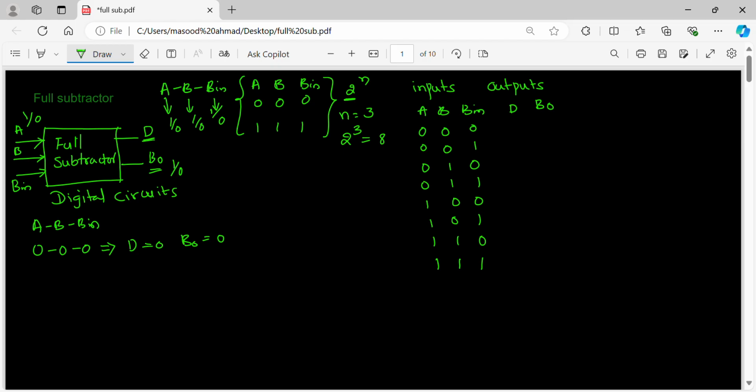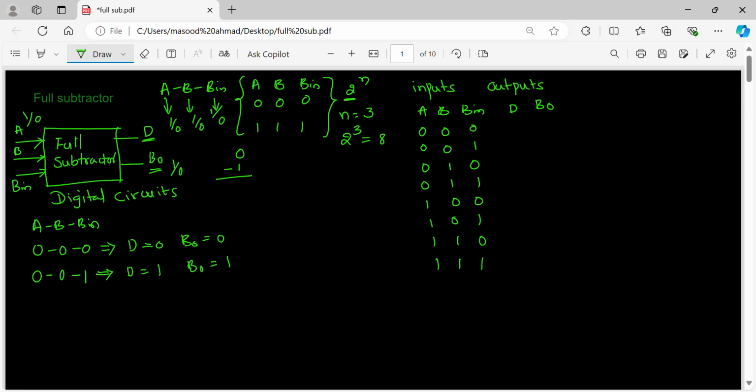Now 0 minus 0 minus 1. What is 0 minus 1? 0 minus 1 we have already seen. We get a borrow, so borrow out is 1, and 2 minus 1, so the difference is 1. Borrow is 1, difference is 1.